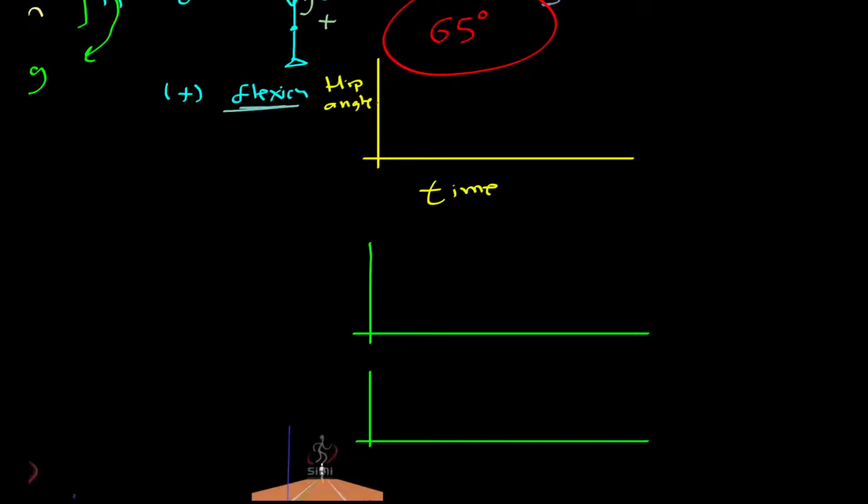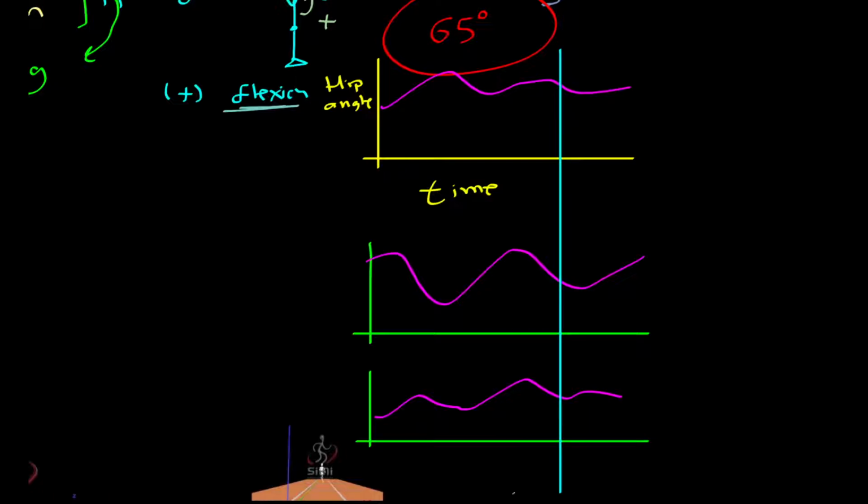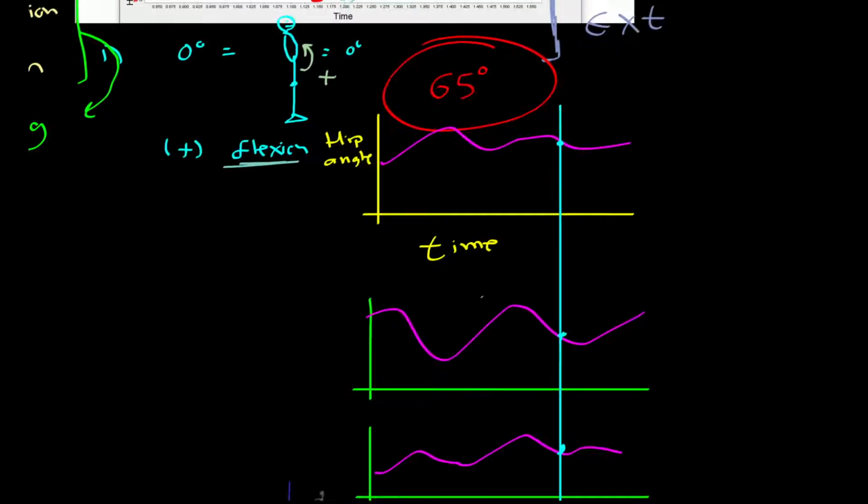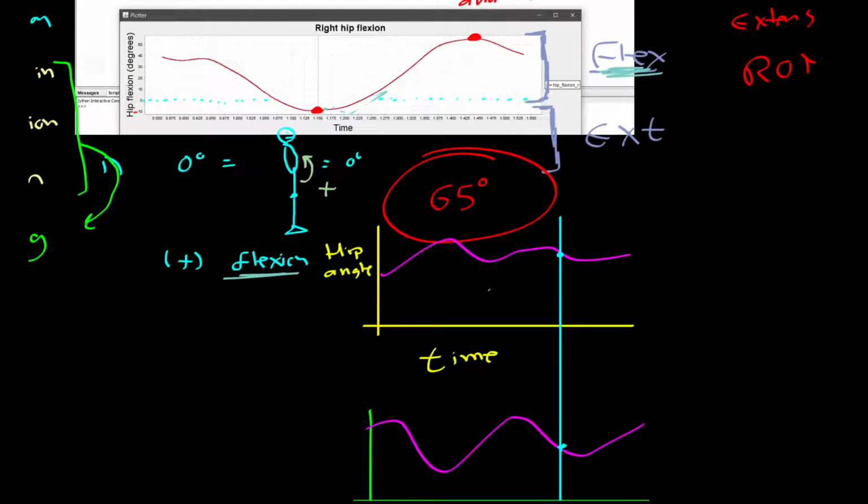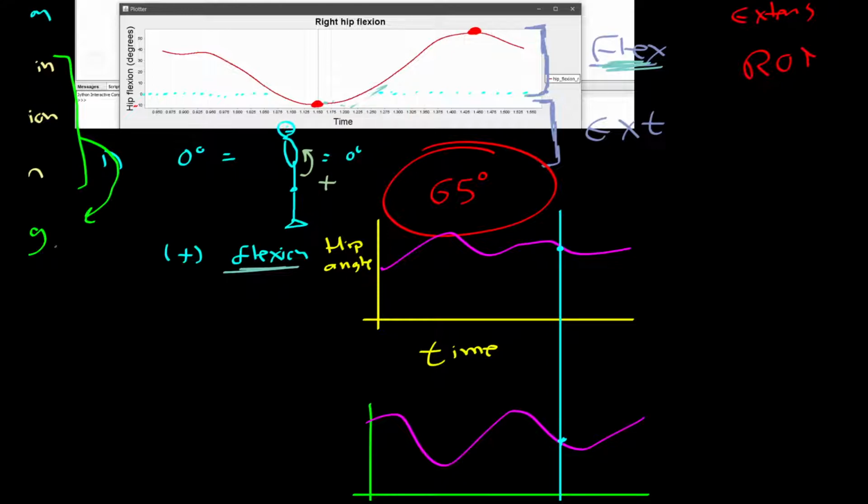So maybe the hip angle is doing something like this, the knee angle is doing something like this, the ankle angle is doing something like this, and we'll be able to, at any particular point in time, compare what's happening at the hip, what's happening at the knee, what's happening at the ankle. And in weeks in the future, we will also discover that we could do the same thing with, say, torque or with forces or pretty much any other biomechanical quantity that we might be interested in.